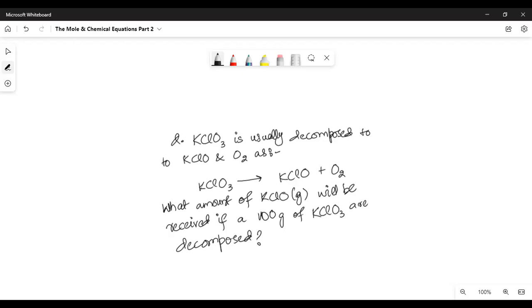Now for this question, you need to go with the same set of steps. One, balanced chemical equation.